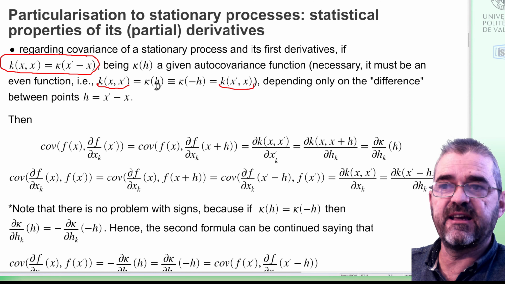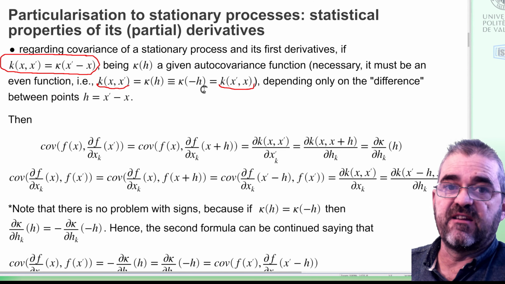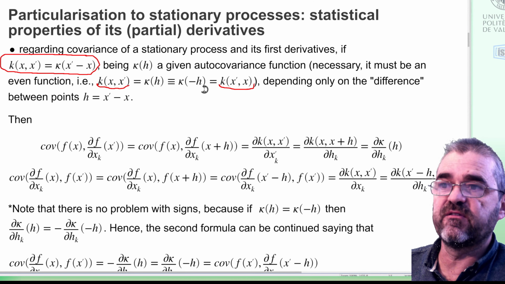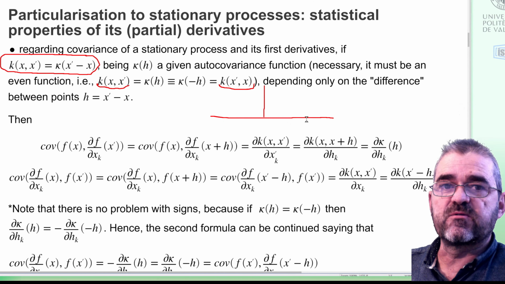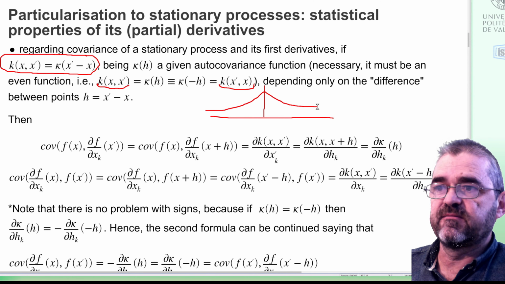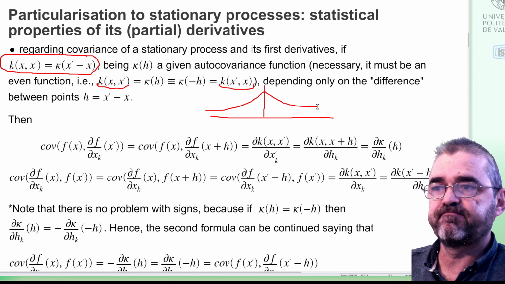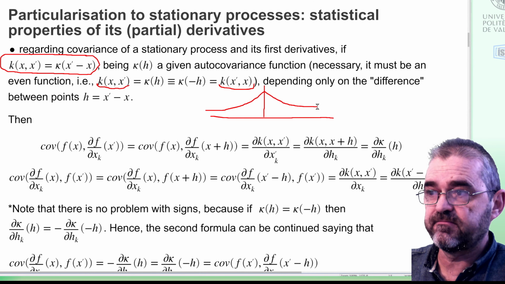So if I replace h by minus h, kappa must give me the same value, so it must be an even function. If x is one-dimensional, then kappa must have this symmetry. Otherwise, it would be meaningless in a statistical sense. Good, so this is a stationary process.